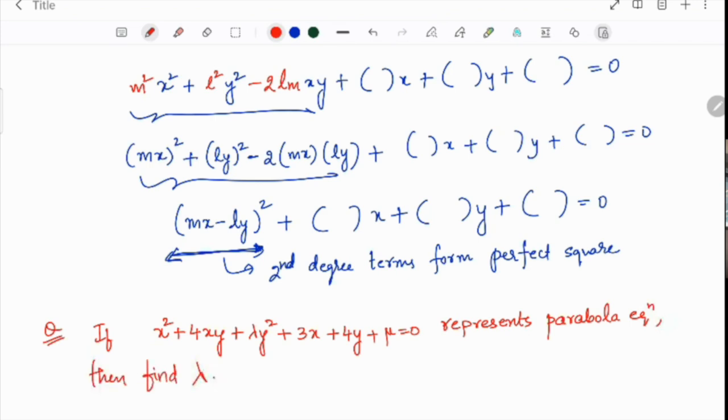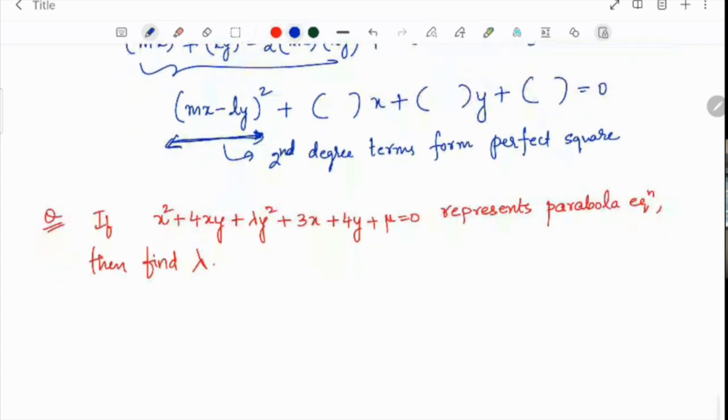I'm saying this is representing parabola equation. Then lambda value should be 1. Second degree terms must form perfect square. That is the concept.